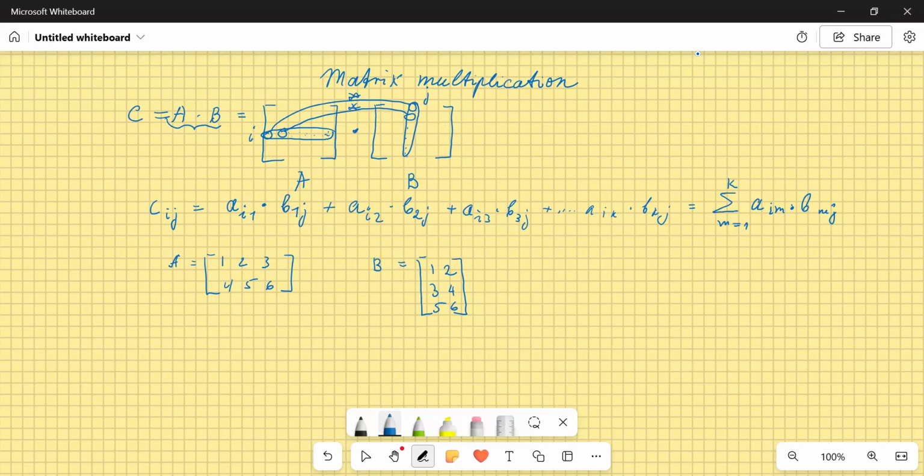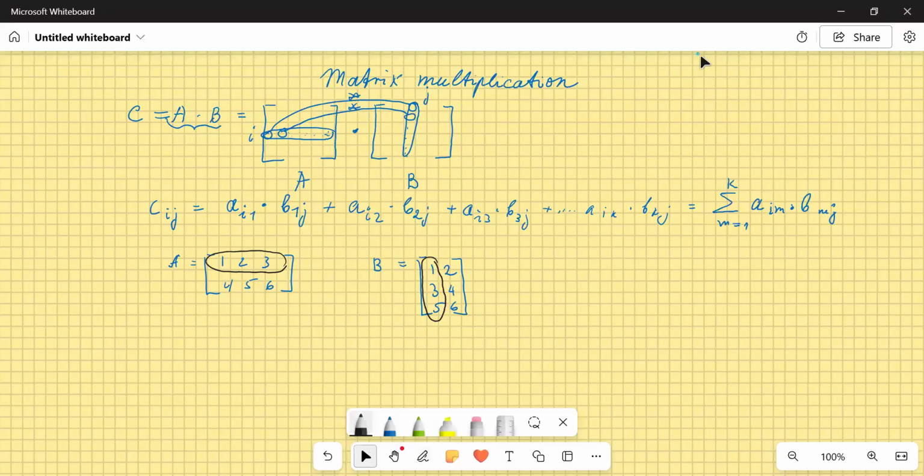Let's first check: can we actually do the product? Let's compare the number of elements in the row and the number of elements in the column. In the row, we have 1, 2, 3 elements. In the column, we also have 3 elements. So we are okay. We will be able to perform the operation.